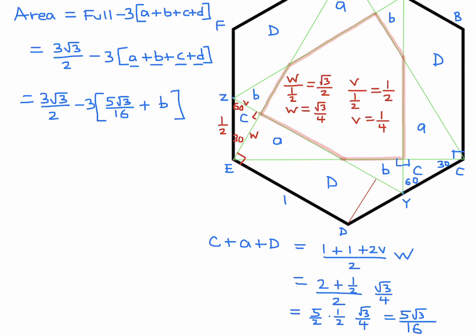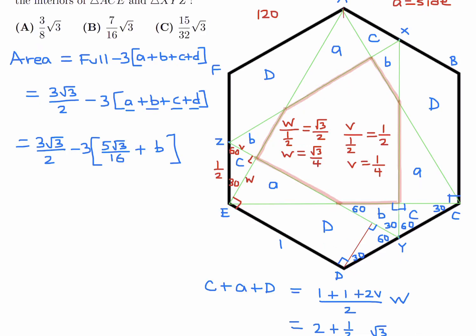Or even if that wasn't obvious to you, it should be obvious that that's 90, since the internal angle is 120, this is 30. This was drawn in a way so that was a right angle, and therefore this angle in here would be 60. And then therefore that is 30. And then this is going to be 60 degrees. So there we go. We've got another 30, 60, 90 triangle. And just to make things a little more obvious, I'm going to draw a line directly from A down to D.